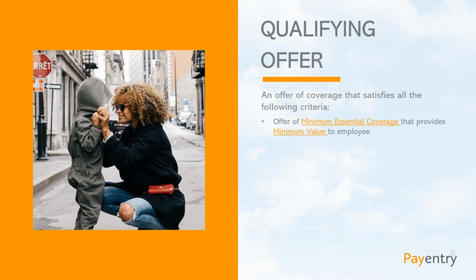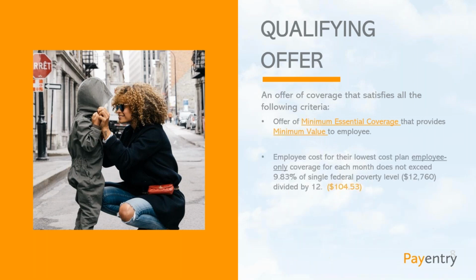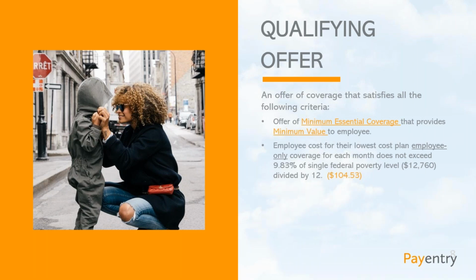First of all, you have to be offering minimum essential coverage that provides minimum value to the employee. And the employee cost that you charge for the employee-only premium for each month does not exceed 9.83% of the single federal poverty level, which for 2021 is $12,760 divided by 12. That would be $104.53.